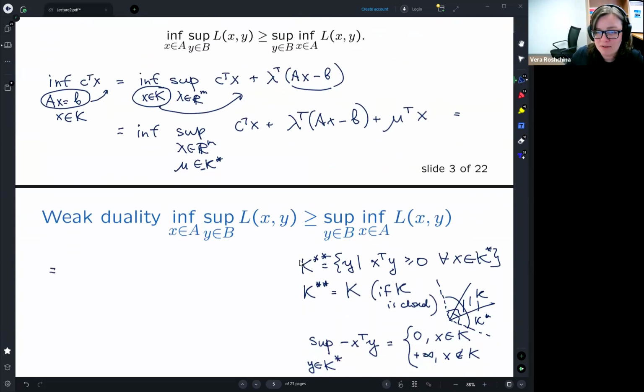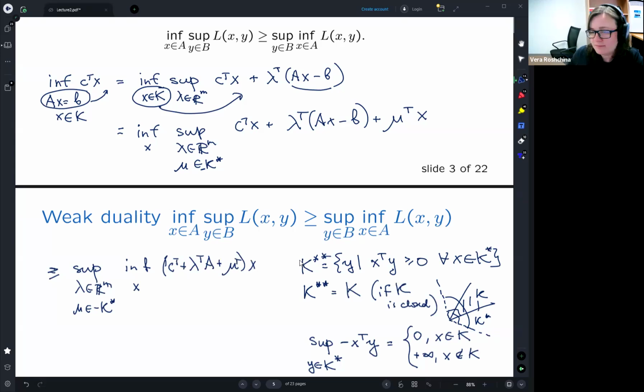So I'm going to say that this is greater or equal to the supremum, and here I'm going to put the same things: lambda in R^m, mu in minus K star. And then I swap infimum and supremum, and I put the infimum over x here. I can group things and use the same trick. So now I put (C transpose plus lambda transpose A plus mu transpose) x here.